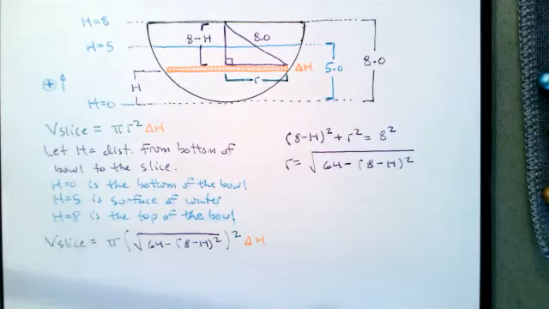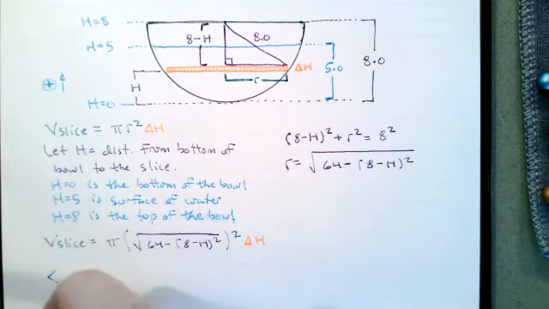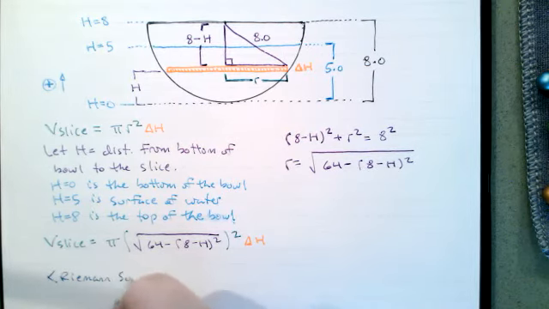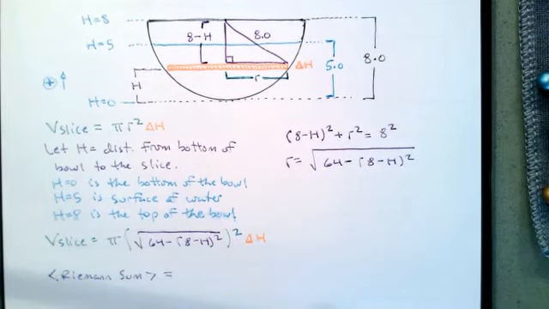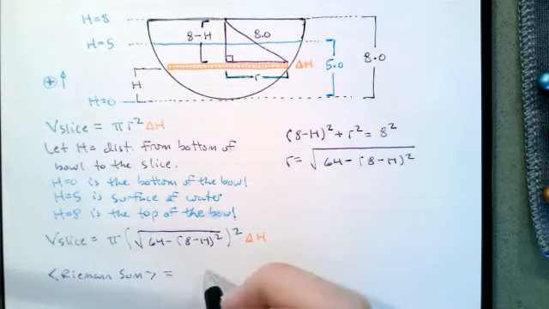Now, to the horror of other calculus teachers, I'm just going to say, instead of writing the Riemann sum, I'm just going to write the words Riemann sum. Because what we're really interested in is getting the definite integral.